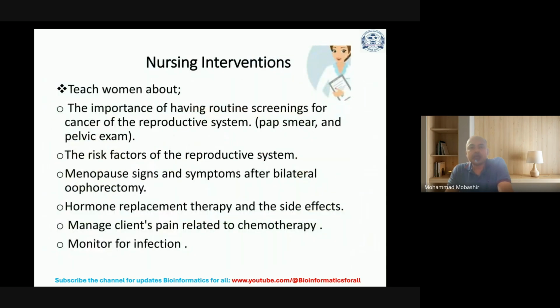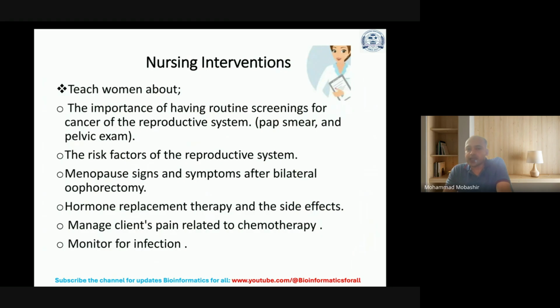Thank you very much. And you also need, in addition, some kind of nursing intervention. For example, every woman needs to be taught about the importance of having routine screenings for cancer of the reproductive system, the risk factors of the reproductive system, menopause signs and symptoms, hormone replacement therapy.